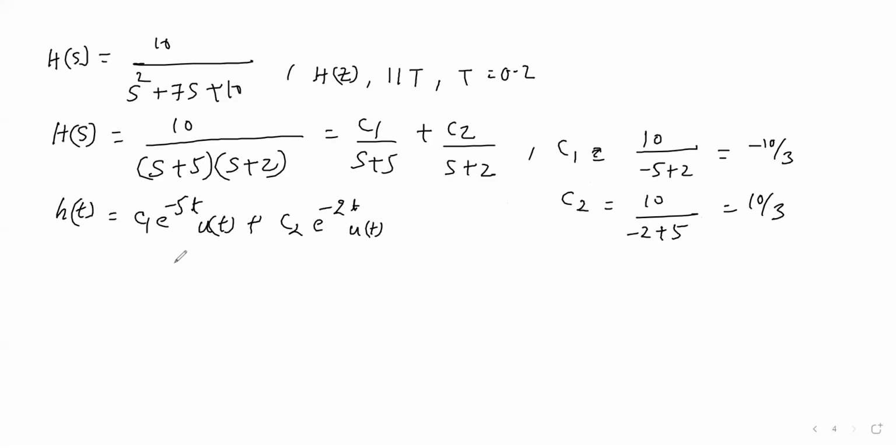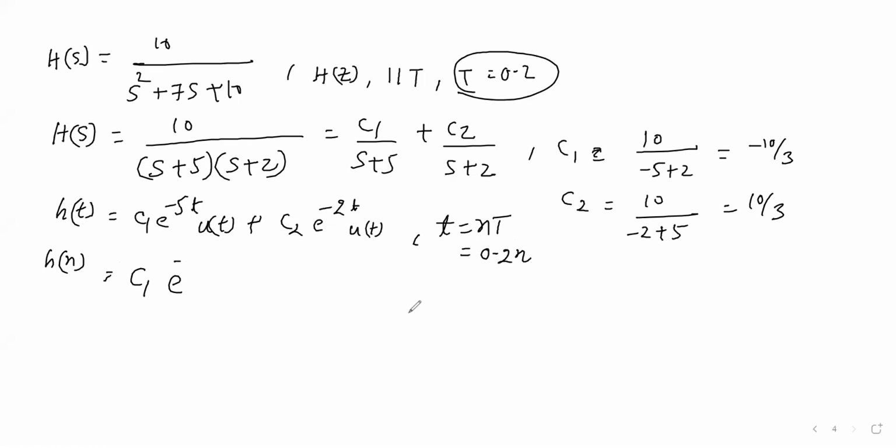You just replace it. Take T equals 0.2. What is H of n? Simple, replace t by nT, that is 0.2n.